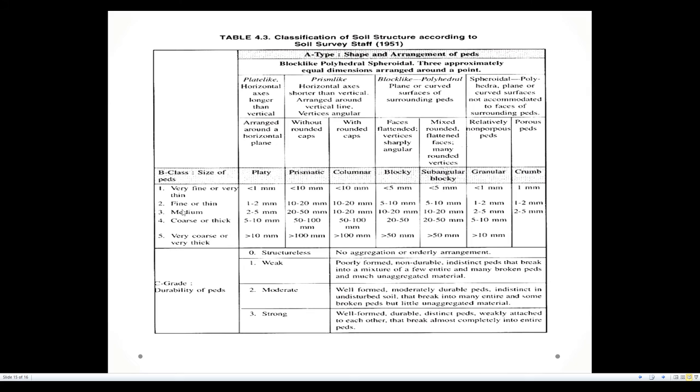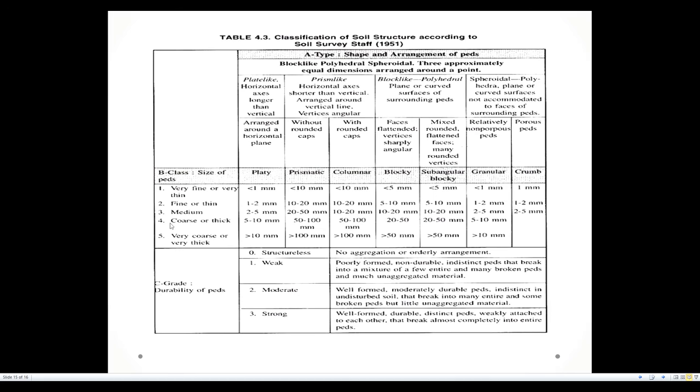The second one is fine or thin, that is the size of the soil peds. So this is platy, which ranges from 1 to 2 millimeter. This is prismatic, which ranges from 10 to 20 millimeter. Like this, all are classified.